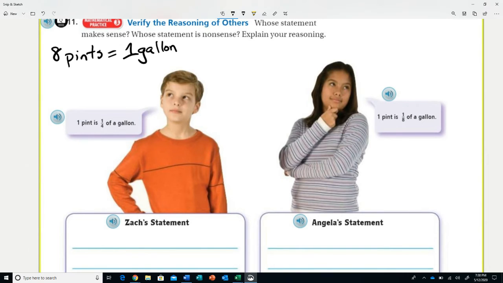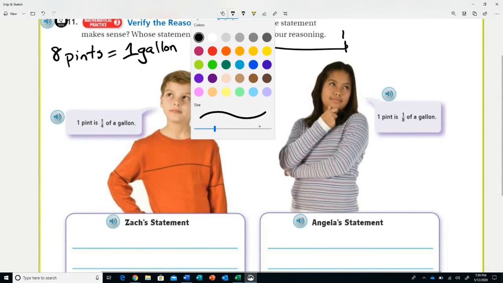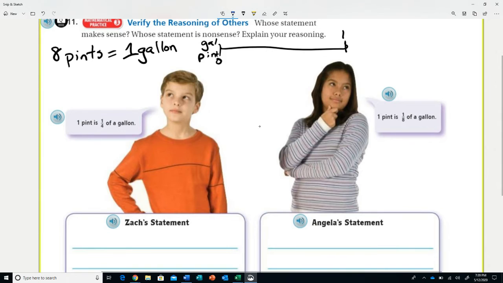Okay. So if we have 8 pints, I'm going to draw a number line here. I have the gallon on top, and this is 0 to a gallon, and I have pints on the bottom. I know that my gallon takes the entire line.